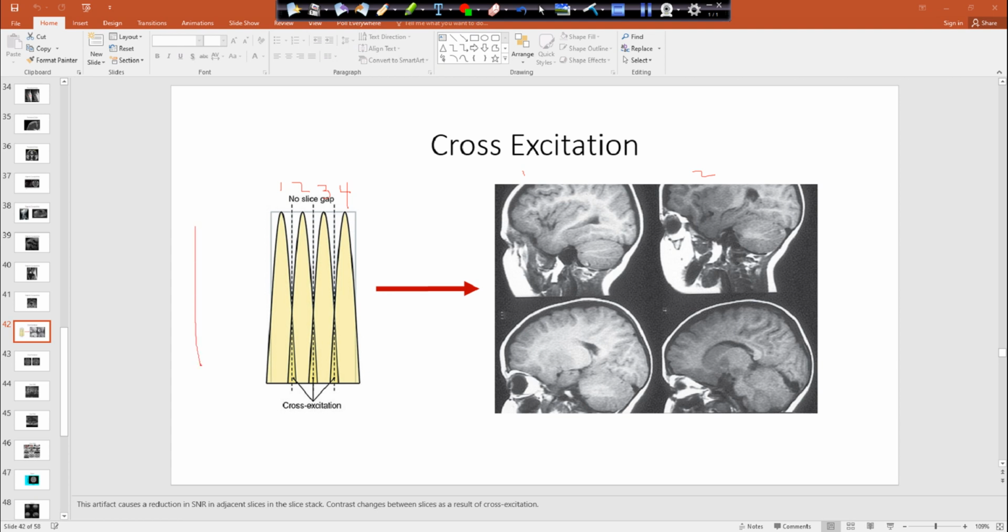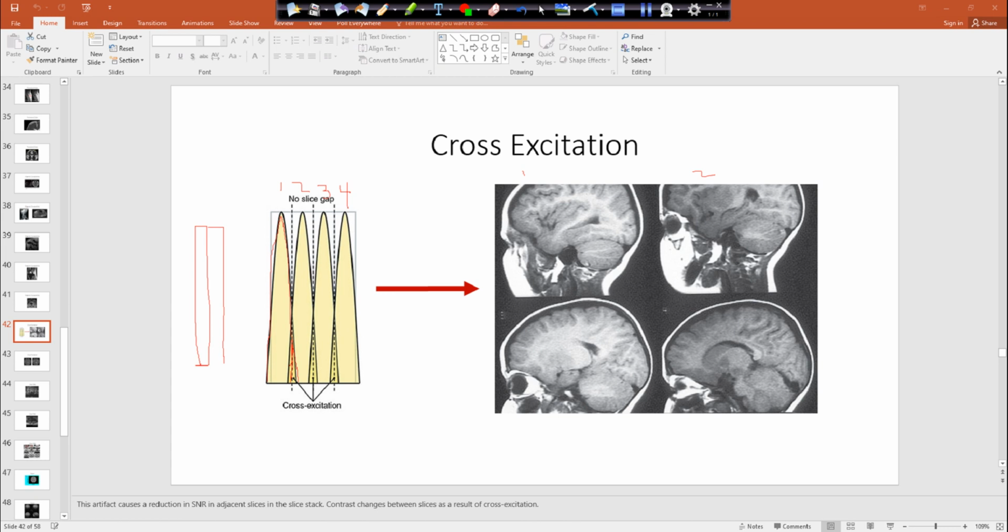Ideally, we would want slices that look like a complete rectangle, where one slice would end and then you would start the next slice. But what is really happening, due to inhomogeneity, different factors within the magnet and the patient, is that our slice profiles have this curved shape. So at the edges of those slices, we get this overlap.